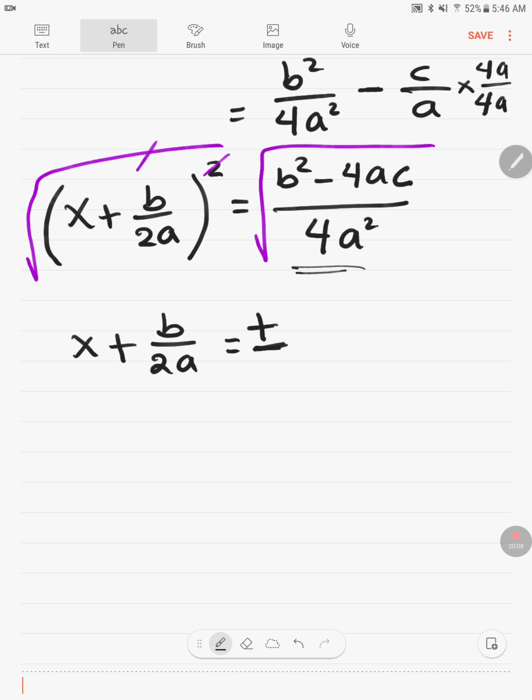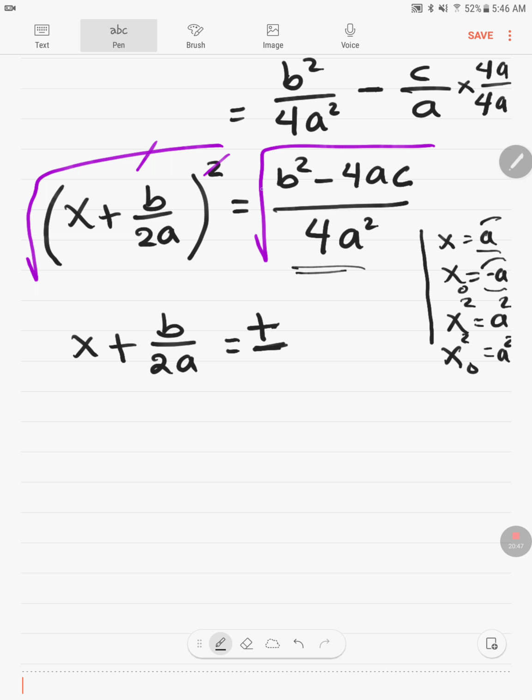Because when you square, let me put as a subnote, if x equals a and x0 equals minus a, then x squared is a squared, and also x0 squared is also a squared. So we see that when we square a negative number and a positive number, we get the same answer, which is a squared. Therefore, we include this plus or minus sign.